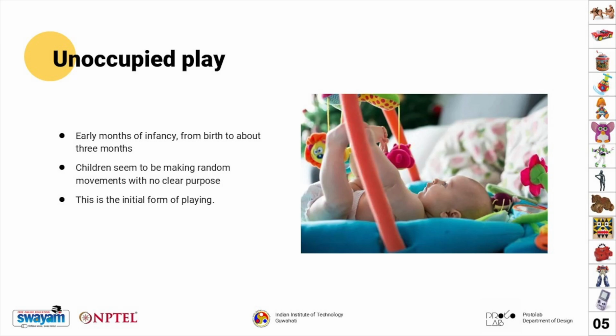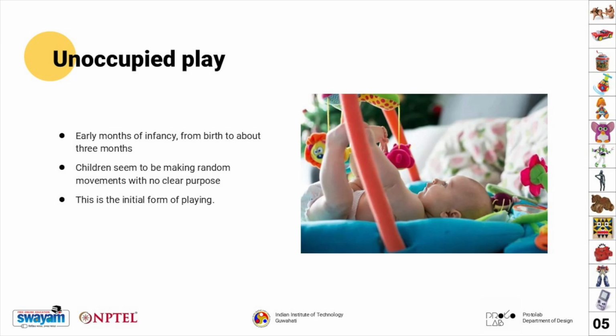These small movements are how infants begin discovering that they have a body, that they can move, and that movement produces sensation. There is no toy involved yet, no object, no clear goal. The play is entirely about self-exploration.